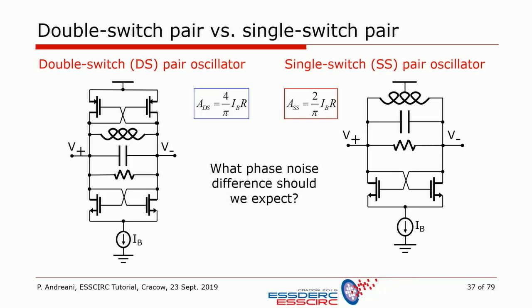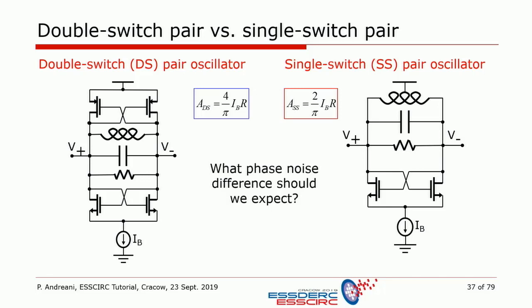Once upon a time, the reasoning went like this: there are 4 transistors, but the noise is not correlated. So 4 is like 3 dB, and so 6 dB minus 3 dB, maybe 3 dB in favor of this oscillator.